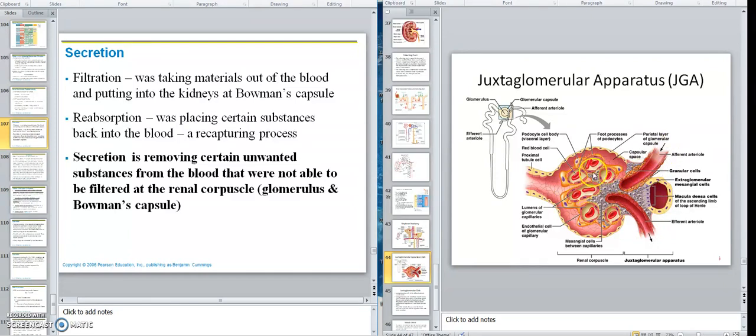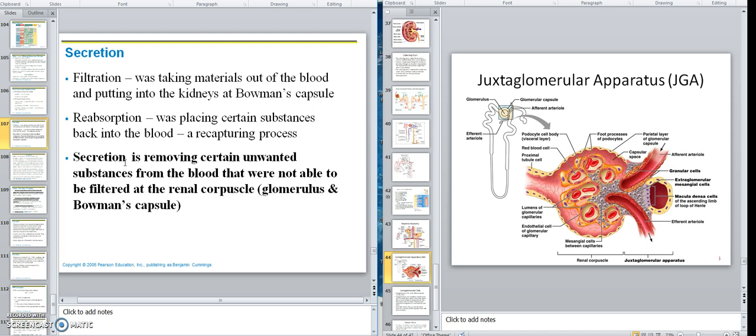So you only filter a certain amount of what's coming in. Some stuff doesn't get filtered and has to go back out and go all the way around the body and come back again. Those toxic, wasteful substances that you don't want to have a second chance around, that's where secretion comes in.